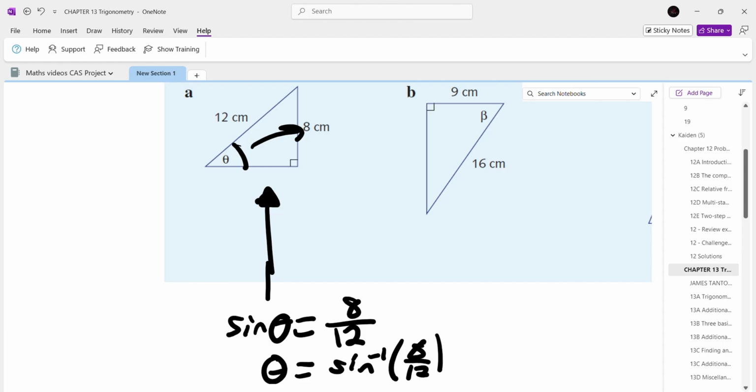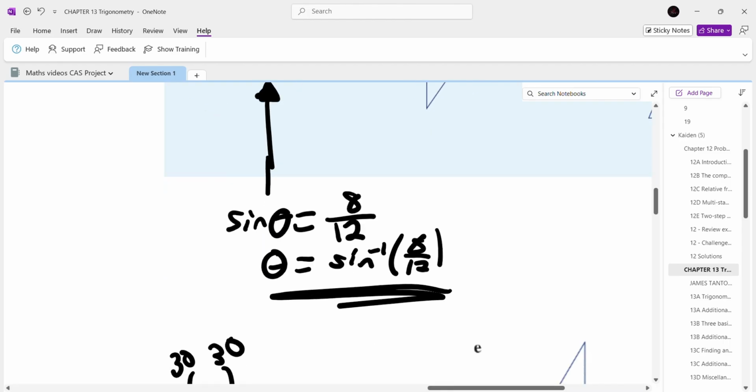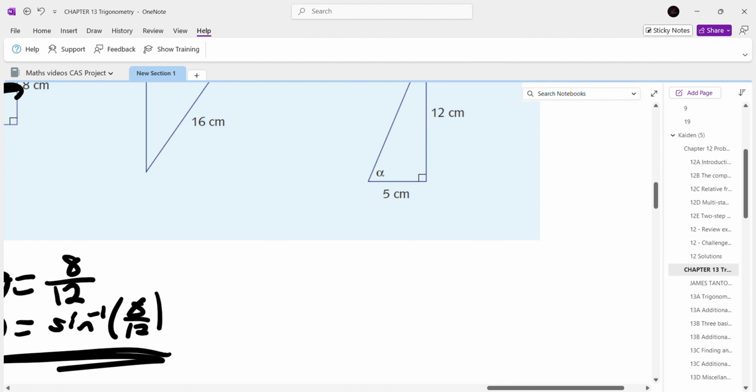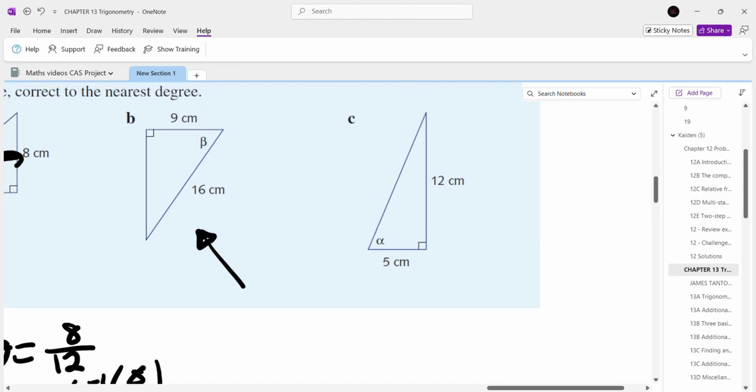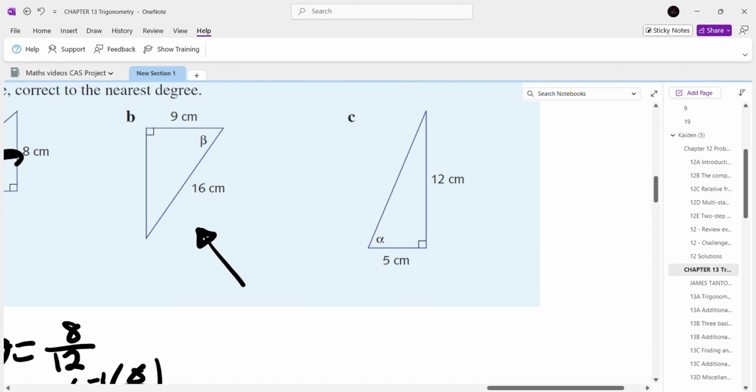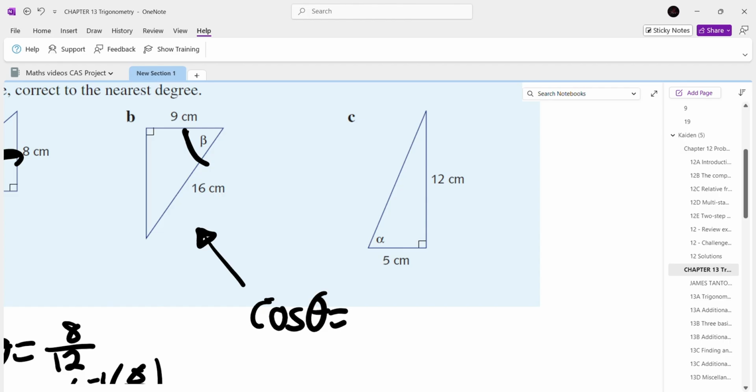And you can figure this out on your own calculator as well. It's pretty easy to do. And then here we've got an adjacent and a hypotenuse to this angle. So cosine of theta equals 9 over 16.